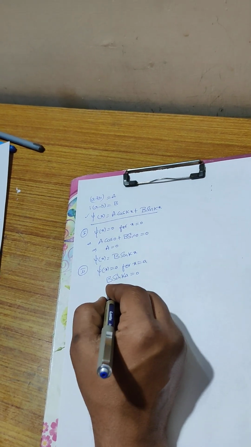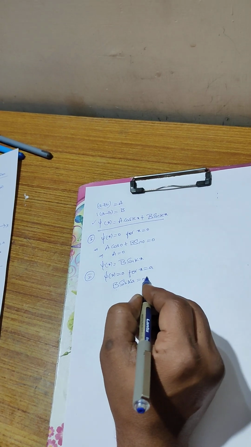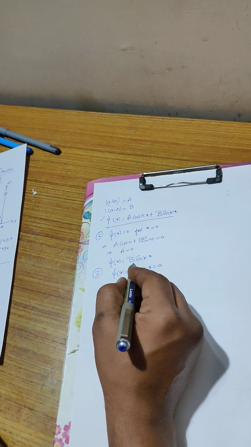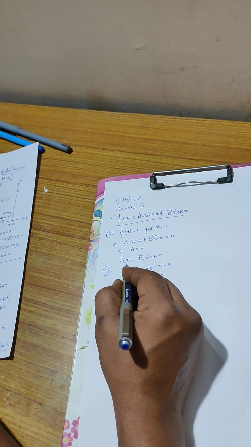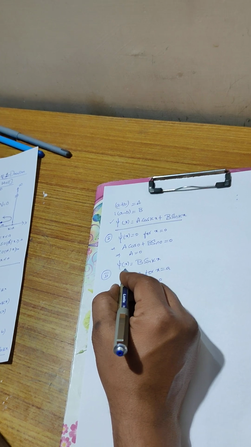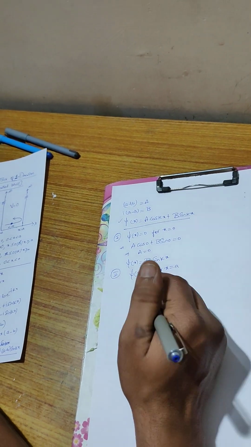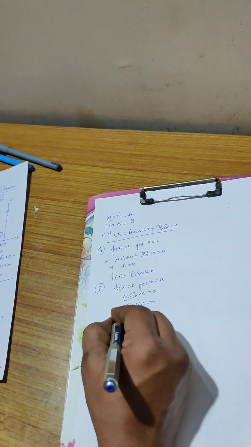Therefore, either B must be 0 or sin ka must be 0. But B cannot be 0 here, because if B becomes 0, ψ(x) becomes 0, so the electron has no possibility of existence inside the well, which is impossible. Therefore the only possibility is that sin ka should be equal to 0.